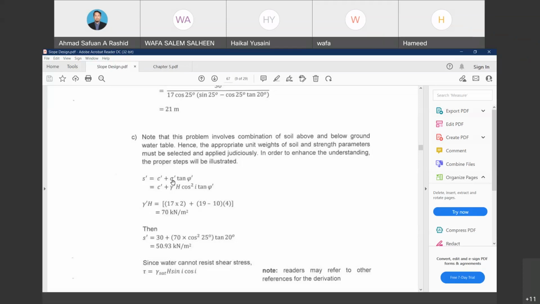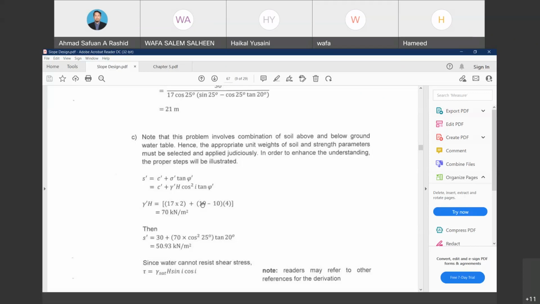Because 17 times 2, the 2 meters near the surface is without any water, so it is under a normal, or bulk, unit weight, while the 4 meters below is within a saturated condition.